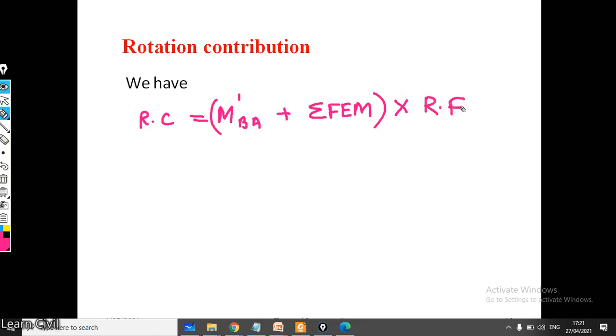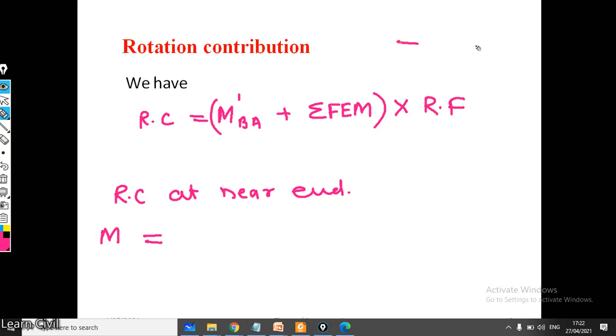So the rotation contribution at near end is calculated by, at near end, this equation will be m dash ab.